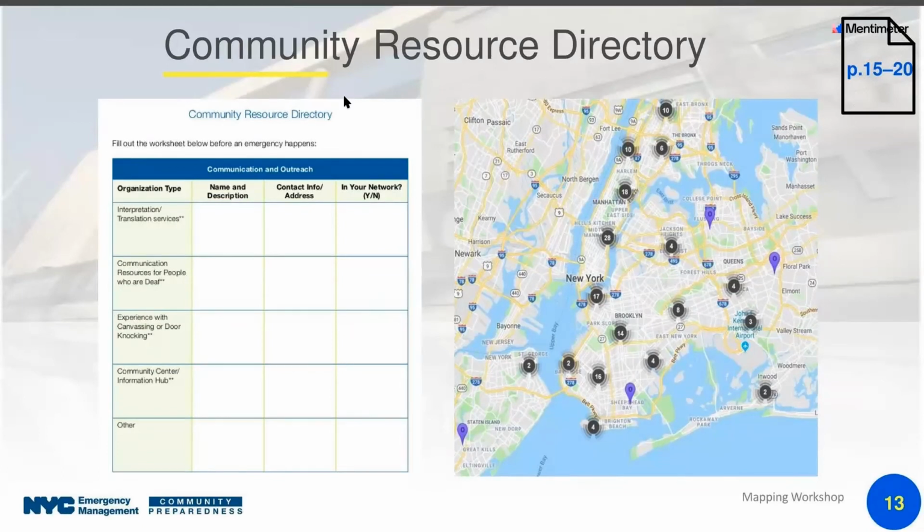I know that Laura's here from Southern Brooklyn, and there are lots of different resources there because they actually have a pretty big footprint. So I would imagine that for the Southern Brooklyn COAD, there are different community centers that are needed to be a resource. There's one for Coney Island, one for Brighton Beach, one for Marnie's district.